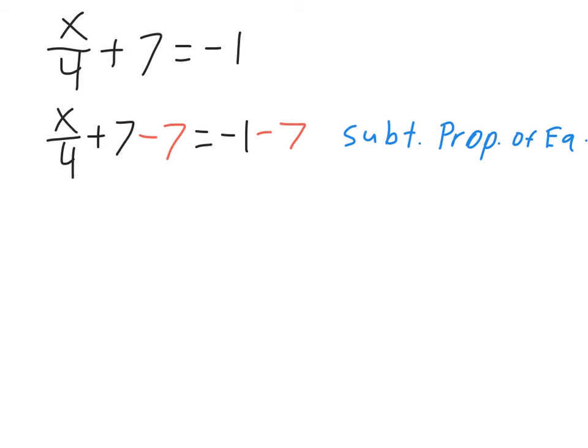So the plus 7 minus 7 cancel out to leave just x over 4 equals, and then negative 1 minus 7 will give us negative 8. And like we said, we combined like terms.